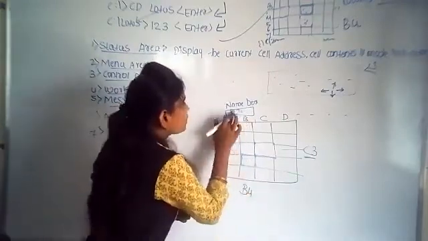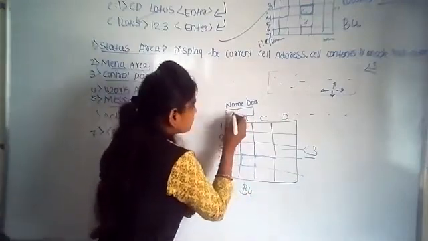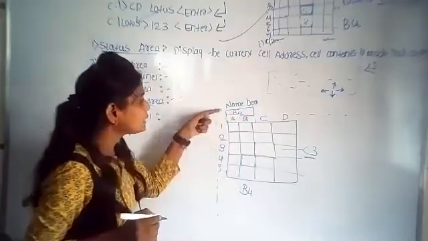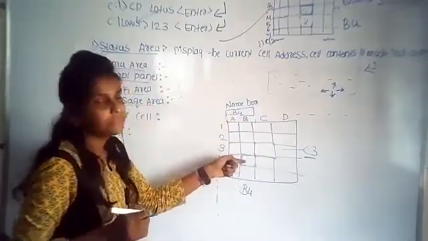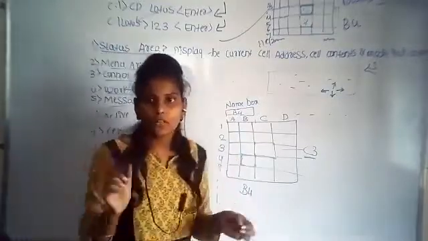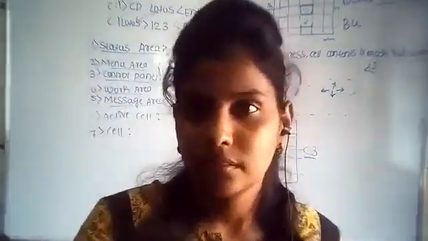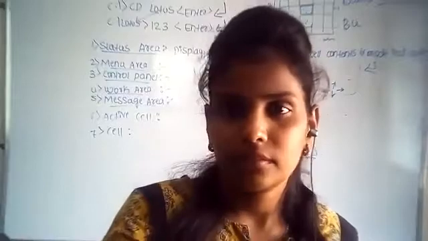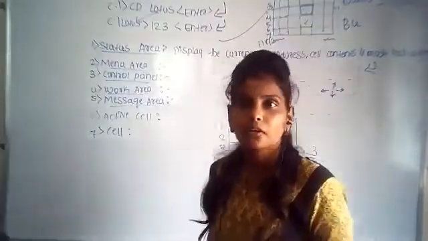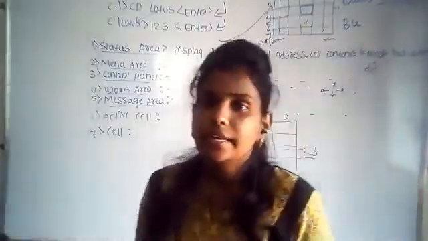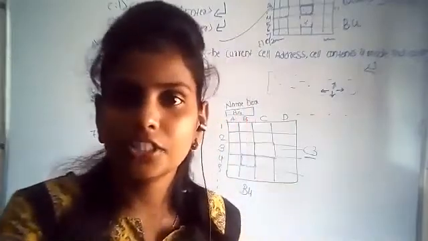So B4 is also automatically displayed here. B4 is the name of this currently active cell. Getting or not? Very easy. There is nothing tough in this subject, especially in Excel. Any doubts guys?